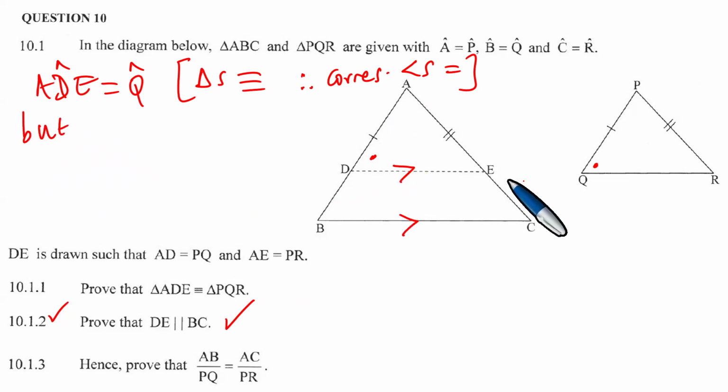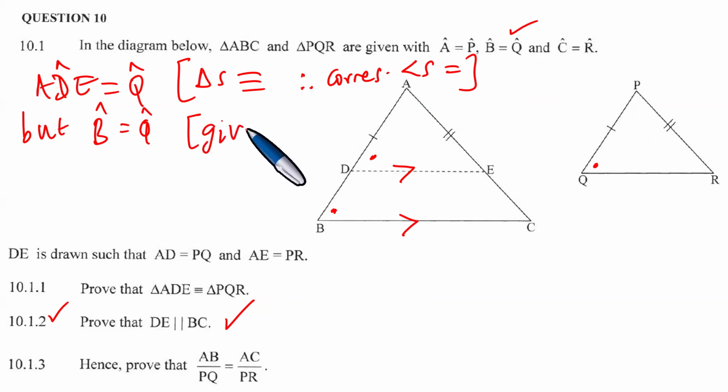We said angle ADE is equal to the angle Q, but angle B is equal to Q. Why is angle B equal to Q? Because it was given that angle B equals Q.